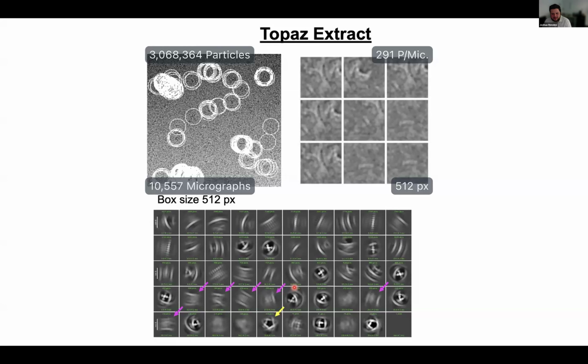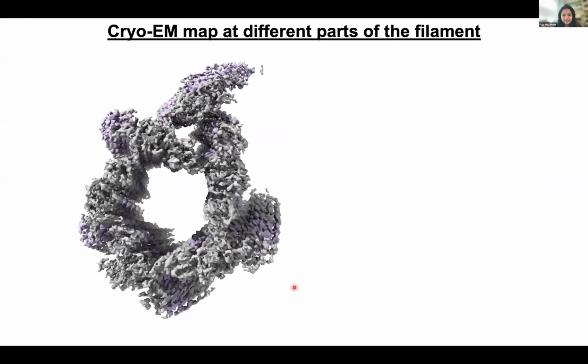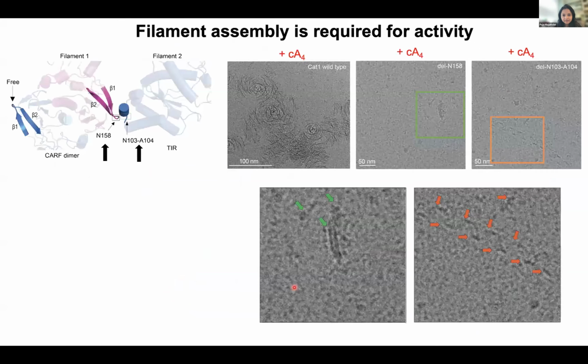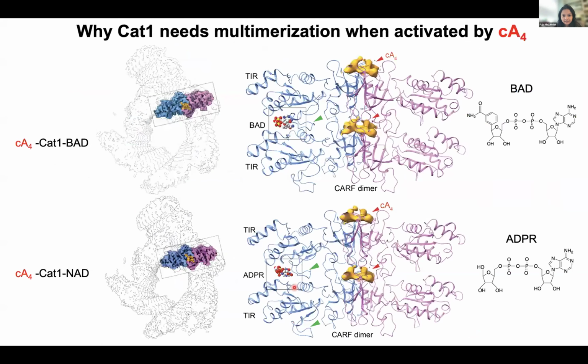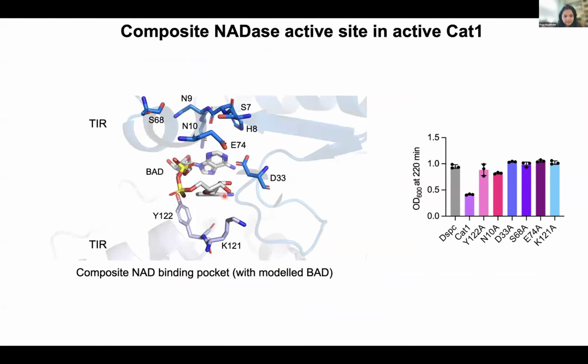A question came in: how could you differentiate between NAD and ADPR at that resolution? So ADPR does not have one moiety.